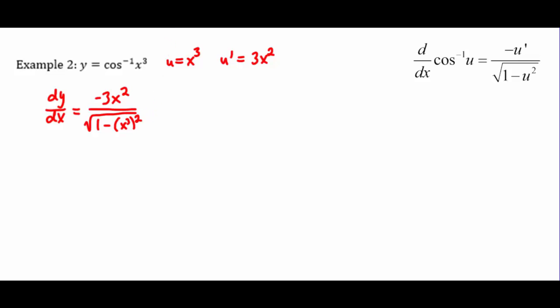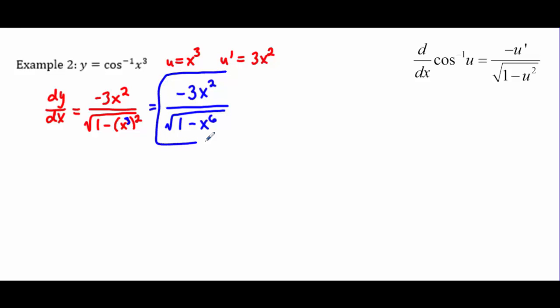Now what happens here is I have x cubed squared, which that 3 is kind of hard to read. X cubed squared, so you might be wondering how to deal with that. It's the only thing that's going to change in our problem. And whenever I have something to a power, then another power right next to it, I multiply those together. So this is going to be 1 minus x to the 6th power, because 3 times 2 is 6.